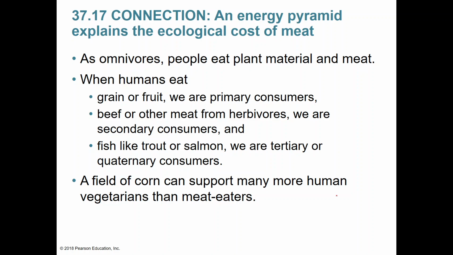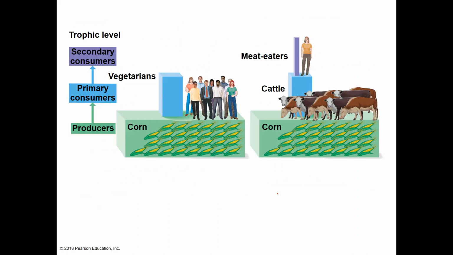So if we look at how well a field of corn can support human consumption, we'll see that the same field of corn could sustain a whole lot more vegetarians that are eating the corn directly than the meat eaters who are eating cattle that graze off the corn.